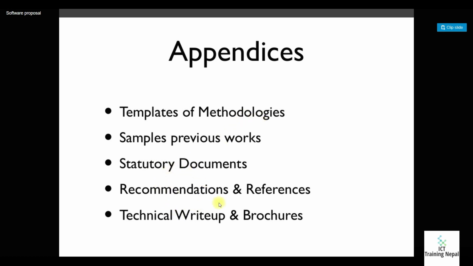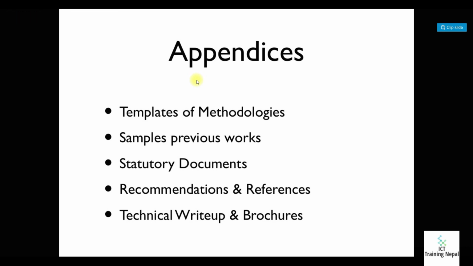The other things are the recommendations and references. You have to include the technical write-up and the brochures. Sometimes these can be extras or optional, but you should do them to make the proposal more and more effective.